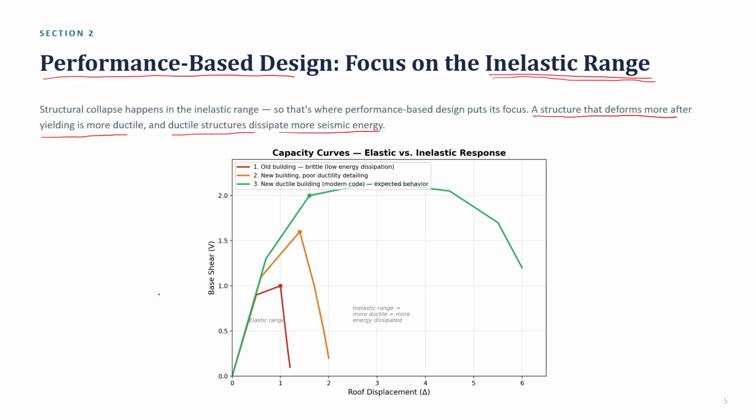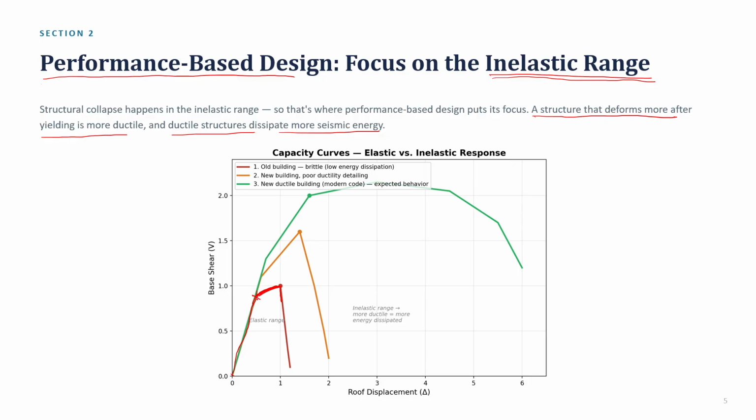Here there is one graph I will explain. This first graph is of an old building. Here you can see how this building behaves. It is a brittle failure because the structure does not yield much.